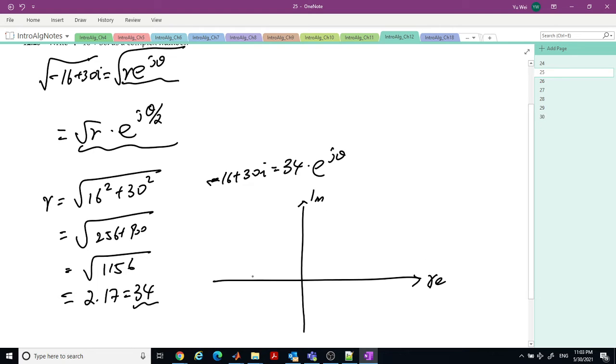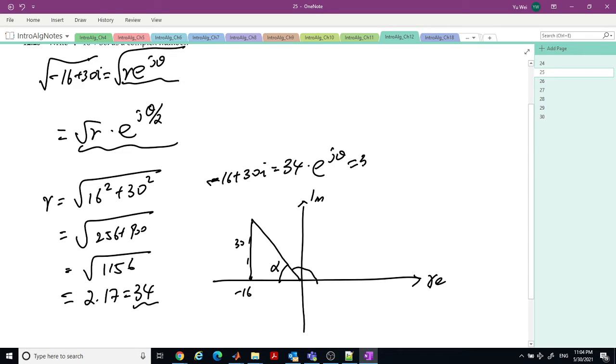We have negative 16, and here is 30, right? So this is theta. Let's assume this is alpha. Because that's a mixed angle, we can use positive numbers, right?